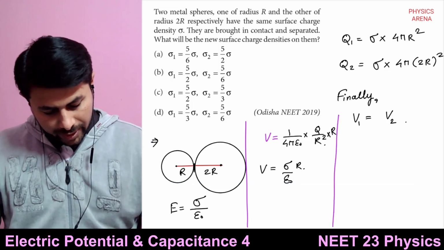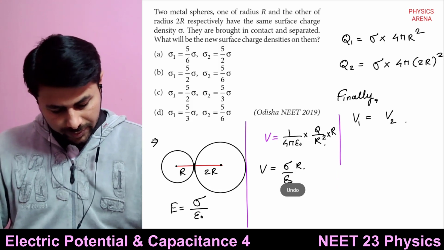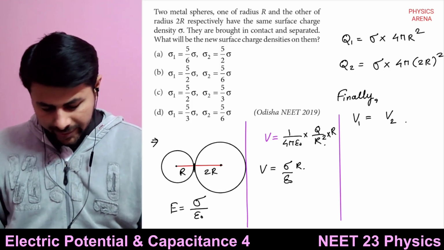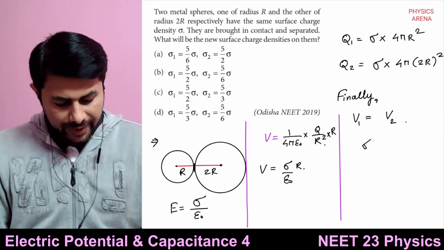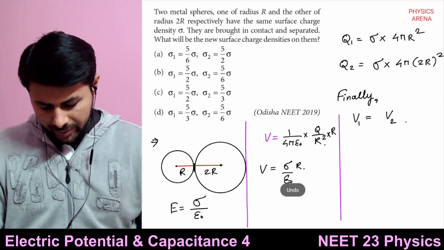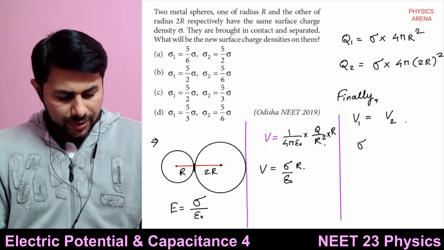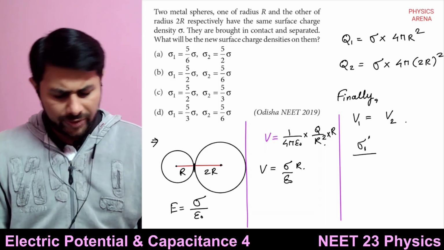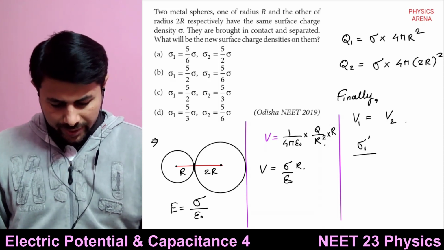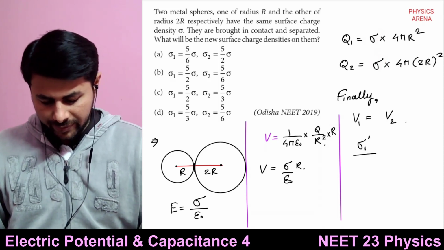Okay, so now I can say V1 is equal to V2. That means the sigma dash, the surface charge density will change. So sigma 1 dash, or we can call it sigma 1 also, because initially the surface charge density is equal.